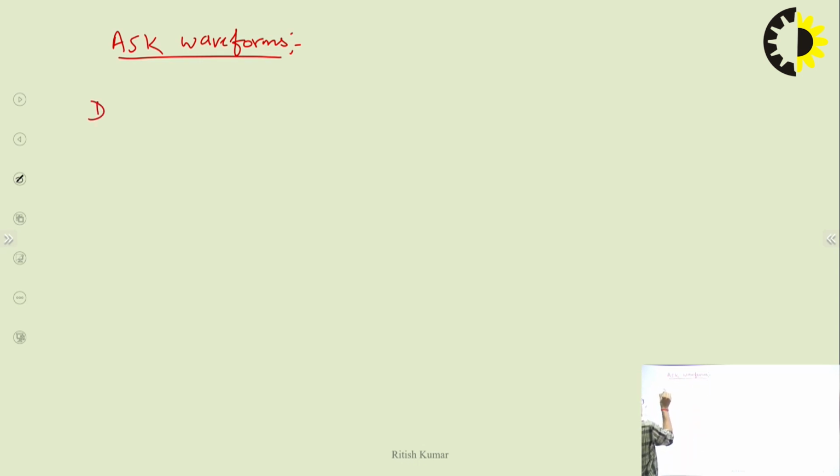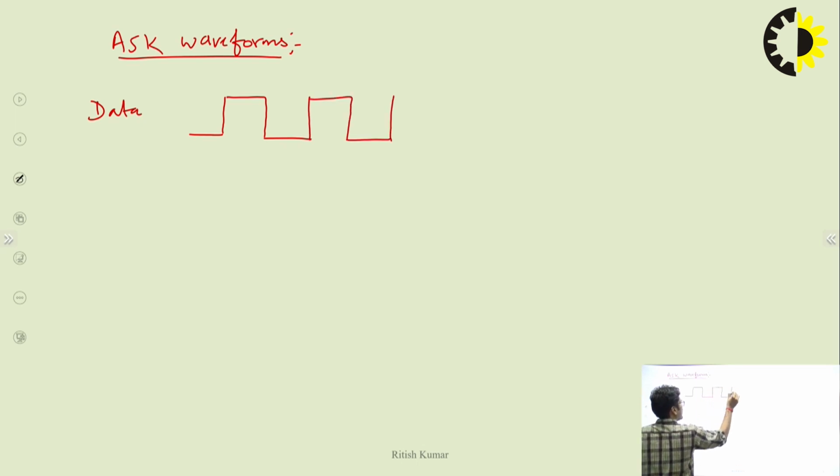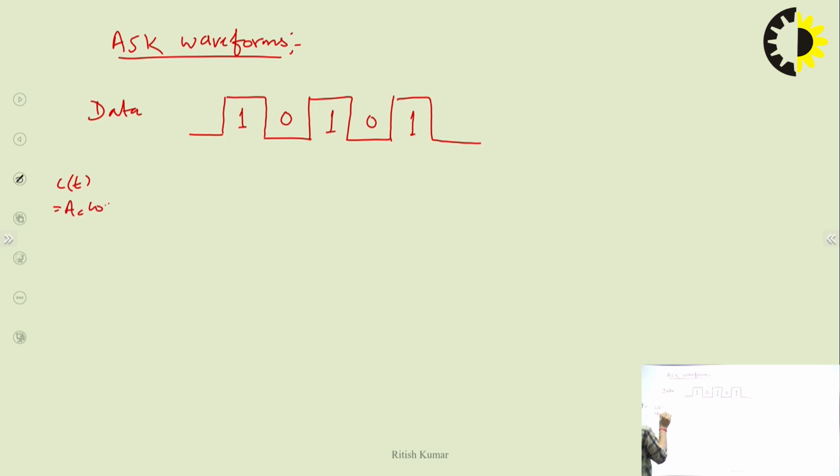First we need the data. This one is the on-off signaling data, 1 0 1 0 1, and we have another carrier signal, that is c(t) equal to Ac cos 2 pi fc t. I am drawing the carrier signal here.